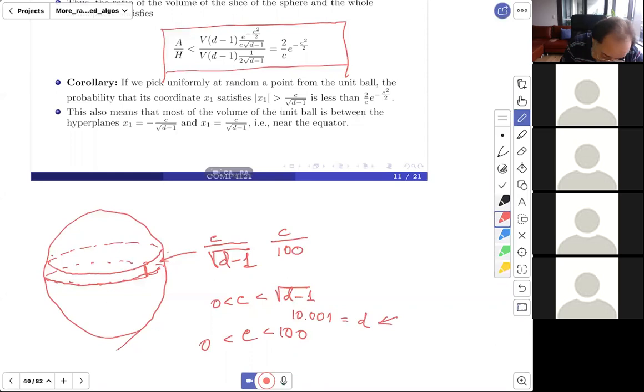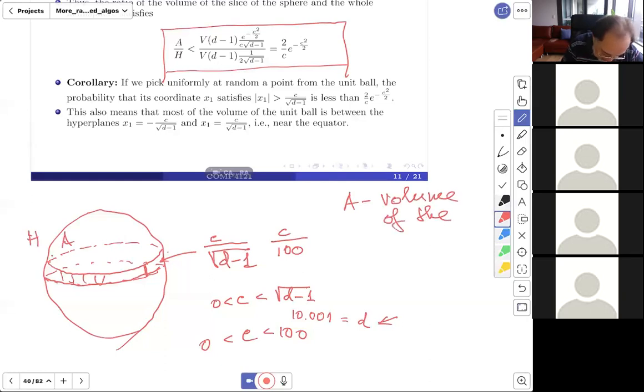Now the ratio of the volume that is in between, the ratio of the whole hemisphere, so this is H, and A, which is just the volume of the cap.